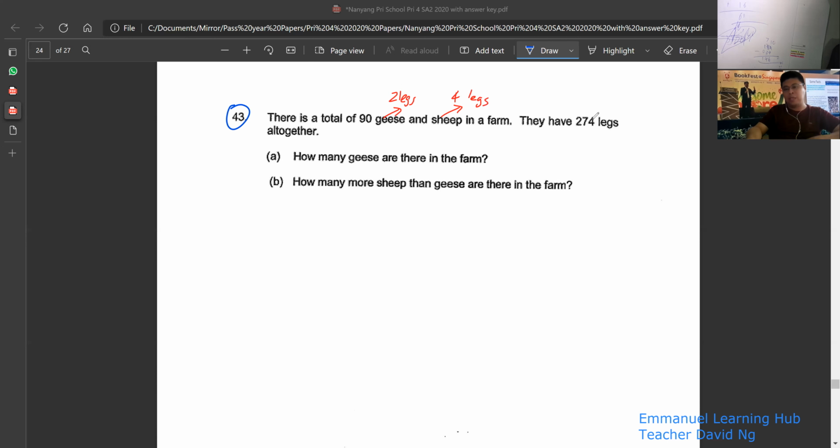Okay, altogether 274 legs. You want to find how many geese, right? If you want to find how many geese, you assume all 90 are sheep. Always assume the opposite way.